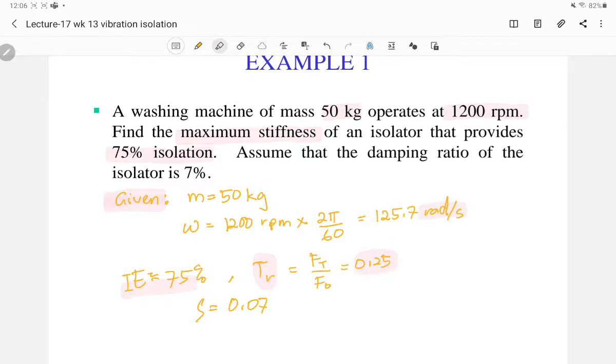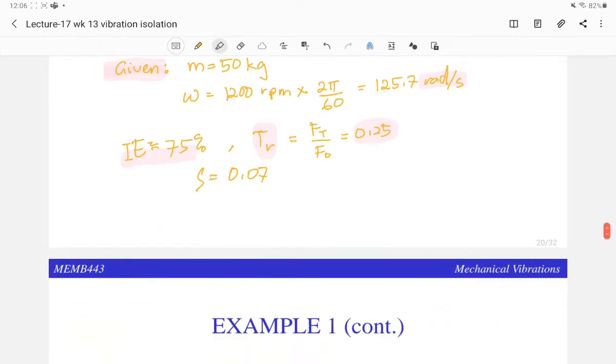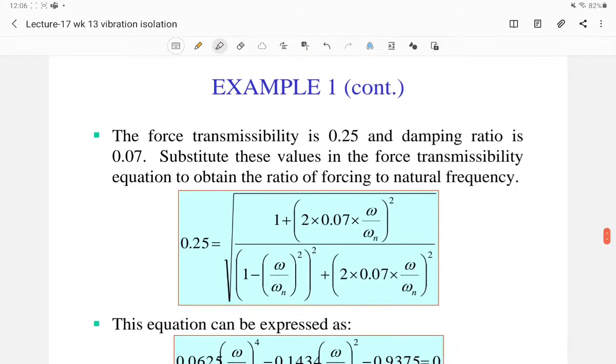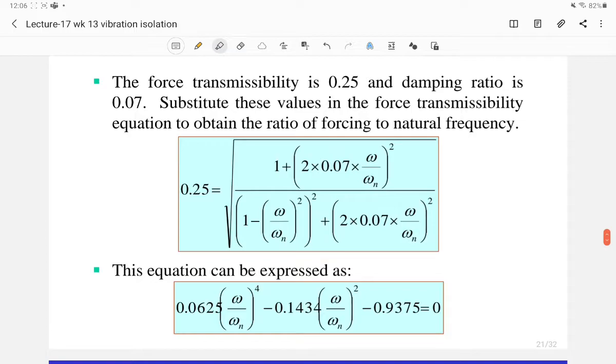Then you have your damping ratio, which is 0.07, equal to 7%. Okay, so you have all these parameters. Then you go to your list of equations, the transmission ratio equation.